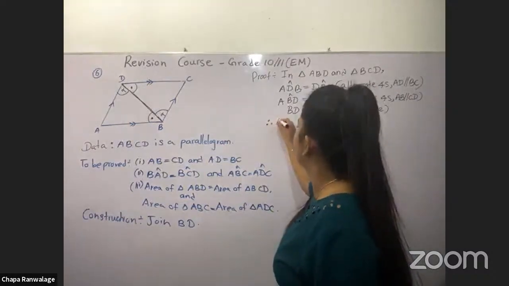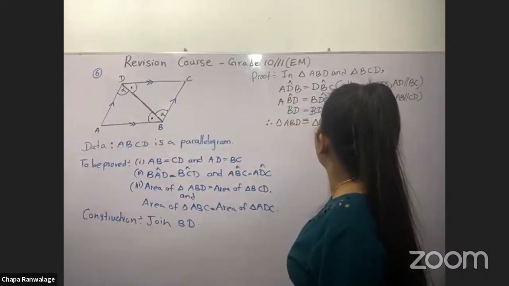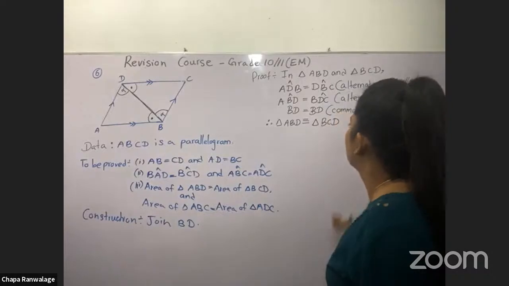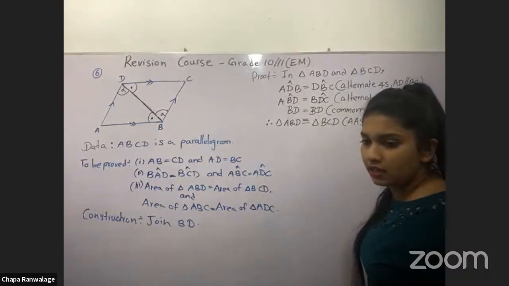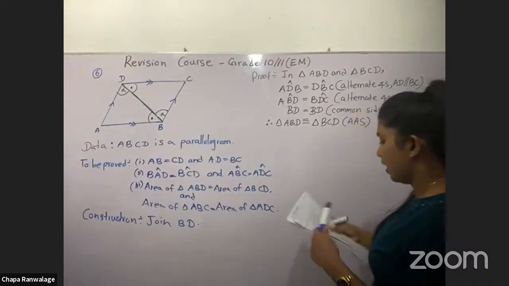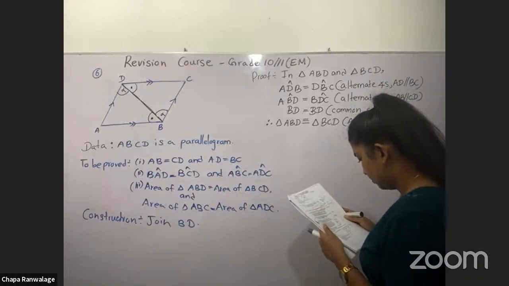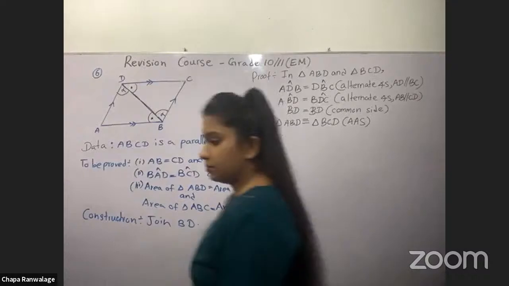Therefore, the triangle ABD is congruent with triangle BCD under the case AAS. AAS. And now you can write this.